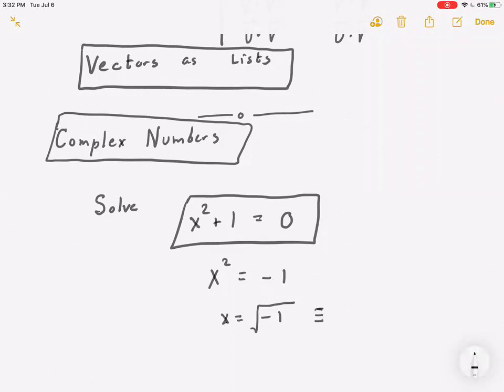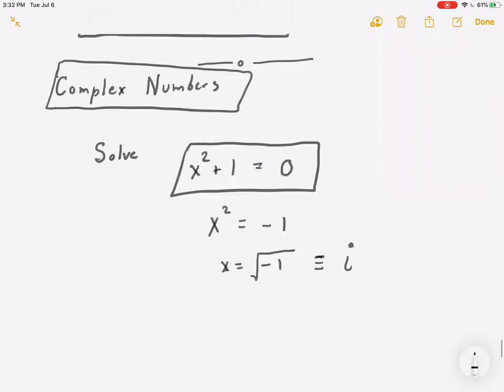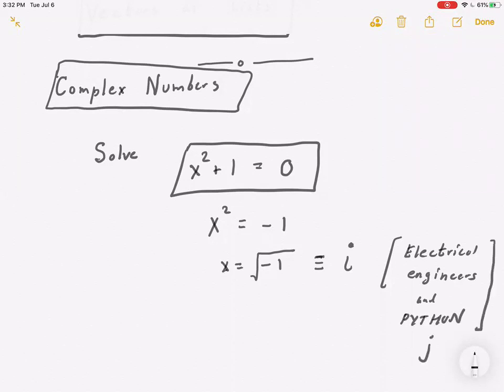So a way out is to invent a new number, which we'll call i. I should warn you that electrical engineers and Python developers do not use the symbol i, they use the symbol j. Electrical engineers do it because in electrical engineering there's another concept called the current, which has the same symbol.